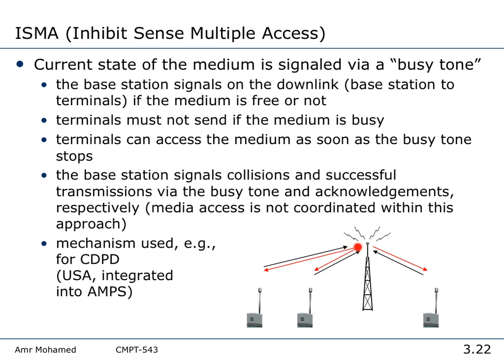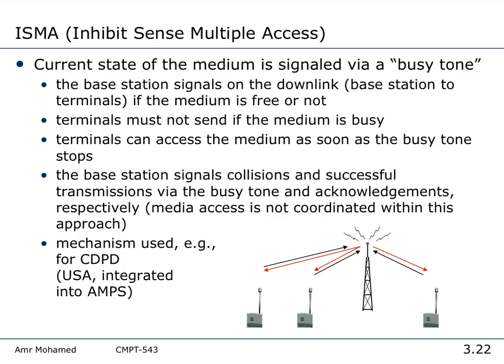And once the base station detects that someone is sending, it sends a busy tone. When it sends a busy tone, all the nodes will stop sending anything except the one that's already going, right? Which means that the medium access control here is kind of controlled Aloha.